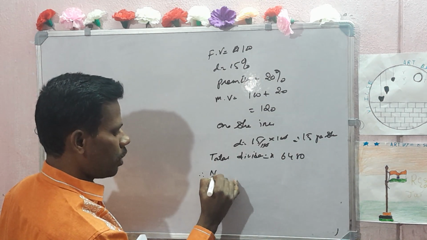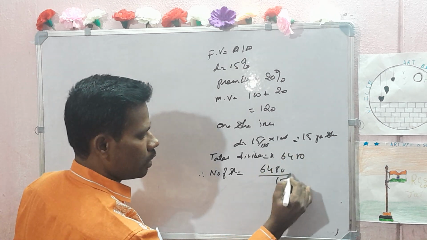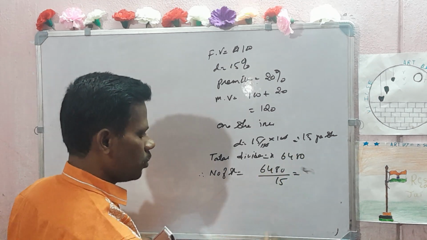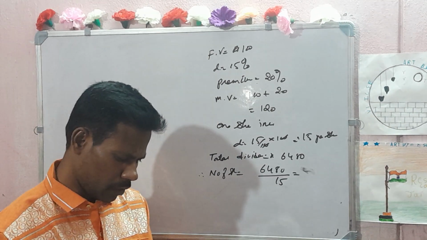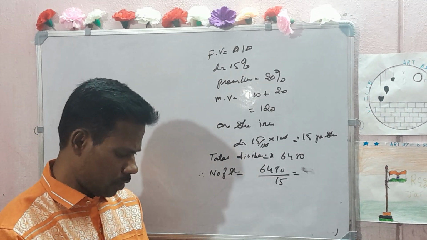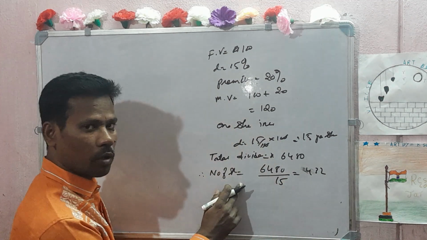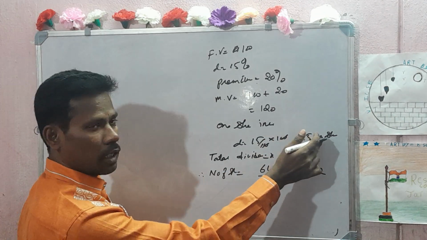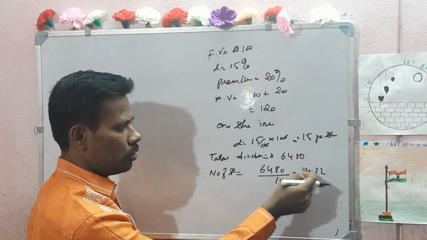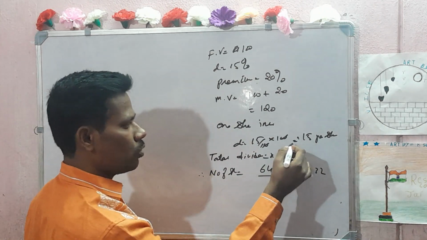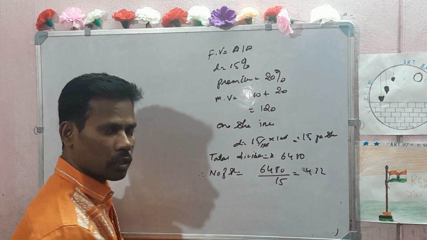So the number of shares is total divided by per share. 6480 divided by 15, that is 432. To get the number of shares you have to divide. Number of shares into each share is total dividend. So total number of shares is 432.